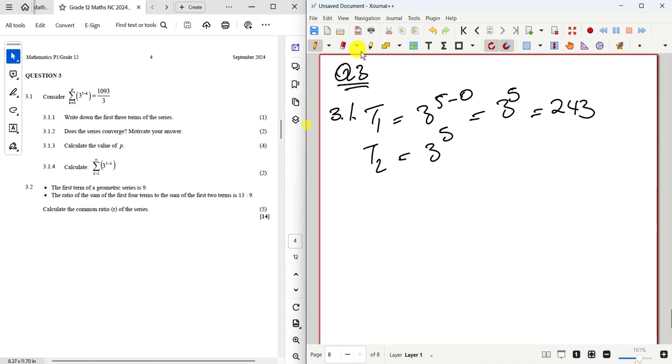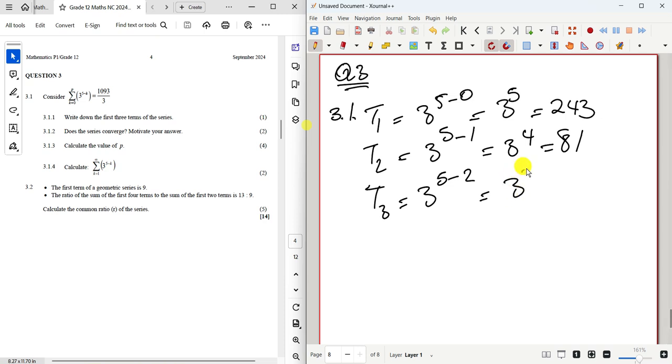And then term 2 will be 5 minus 1, and then this will be 3 to the 4, which will be 81. And then term 3 will be 3 to the 5 minus 2.